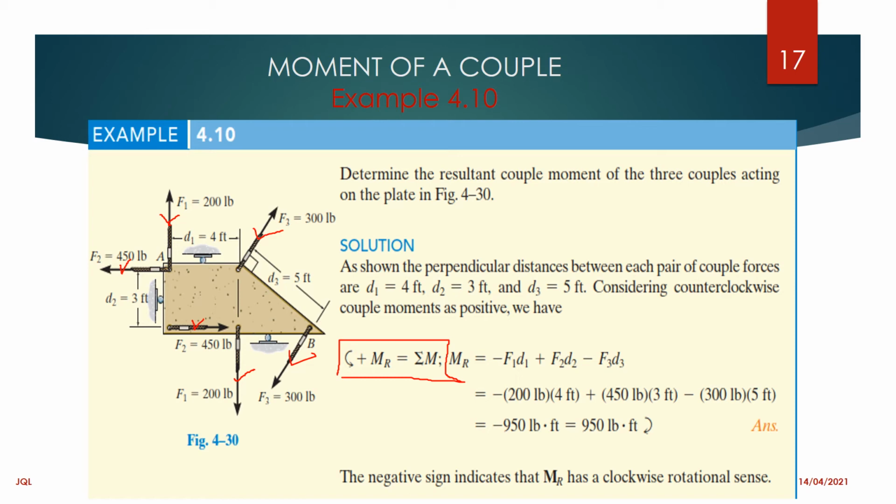We agreed some time back that counterclockwise will be positive and clockwise would be negative. So when you apply those signs, you would find the first moment would be negative, the second one would be positive, and the third one would be negative. This is how you calculate. It's not even complicated, very simple.